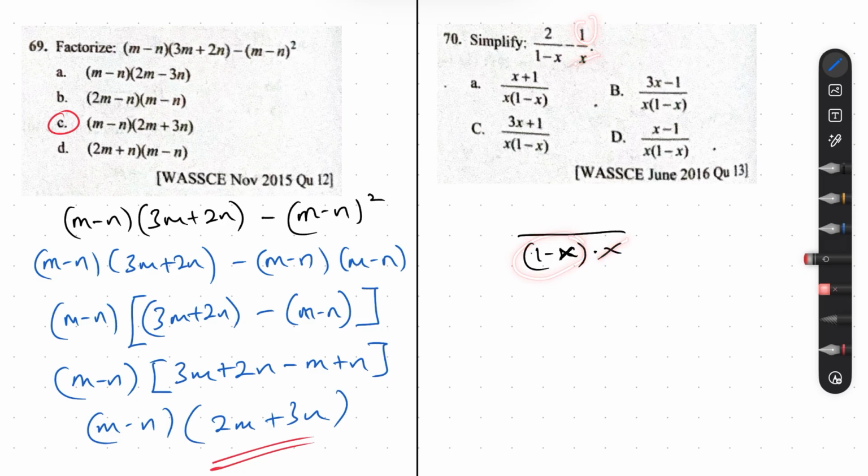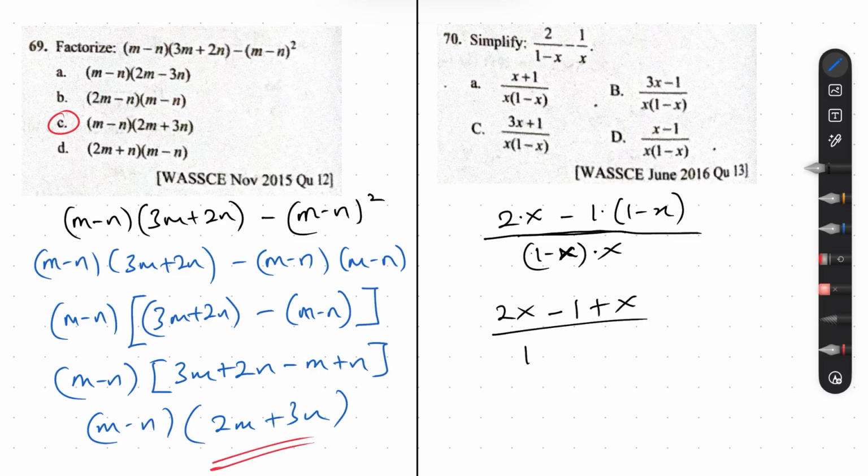Okay, so let's do that. So we're going to have 2 times x minus 1 times 1 minus x. What do we have? 2x minus 1 plus x all over 1 minus x multiplying x, the same.